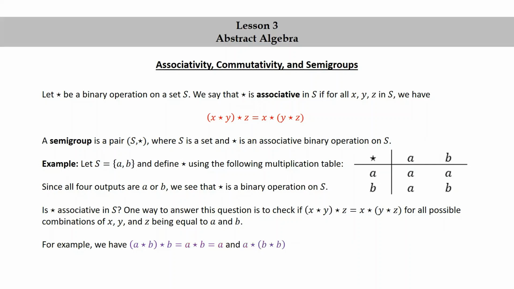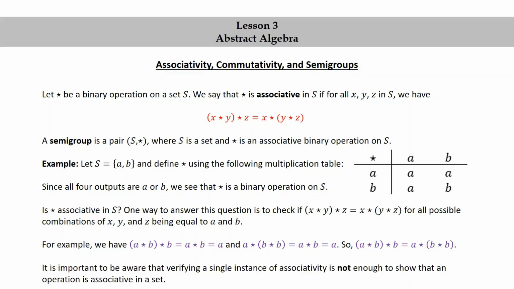And we also have A star (B star B), right? Because B star B is equal to B according to the table, and then A star B is equal to A. So both of these computations came out to be the same. They're both A. Right? So (A star B) star B is equal to A star (B star B).